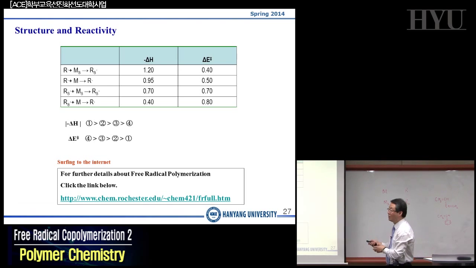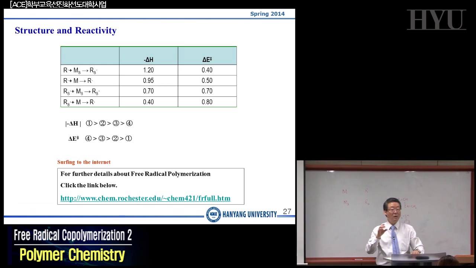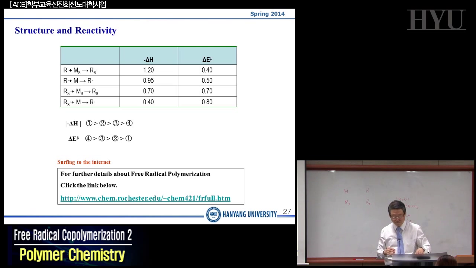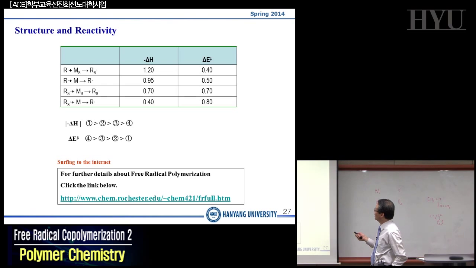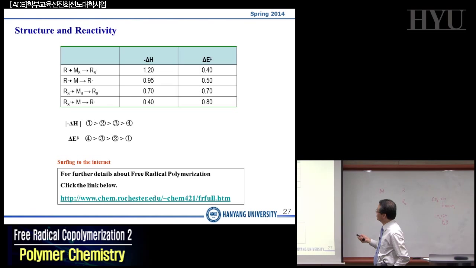Okay. So if you have a larger delta E value, it means that you have to overcome a high mountain. So it's difficult to overcome when you have larger delta E values, activation energies. So the reaction is much easier in the first case and difficult in the fourth case.